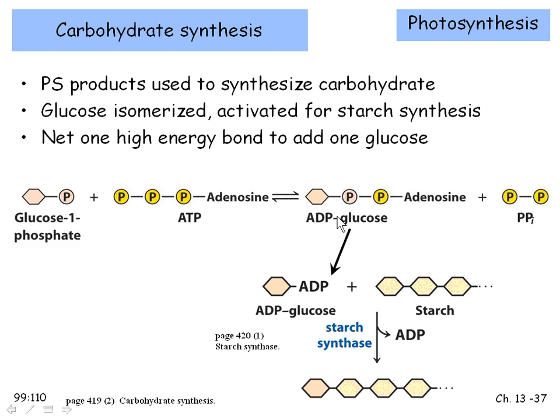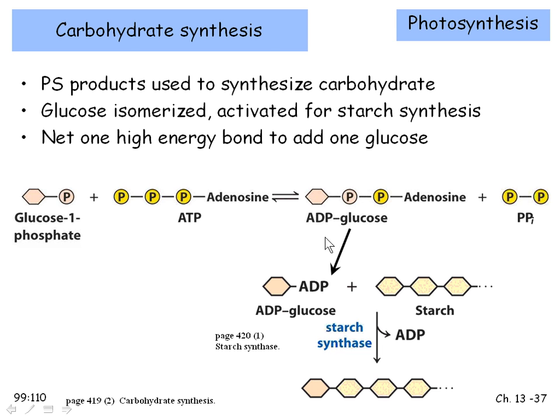So you have the glucose here with its phosphate, the adenosine and one of its phosphates. The 2 other phosphates from the adenosine are now inorganic pyrophosphate. And that is split into 2 inorganic phosphates, and that helps to drive the reaction. The ADP glucose is the activated monomer that is now a substrate for starch synthesis, and starch synthase can use that to add another molecule onto the end of the linear polymer of starch.